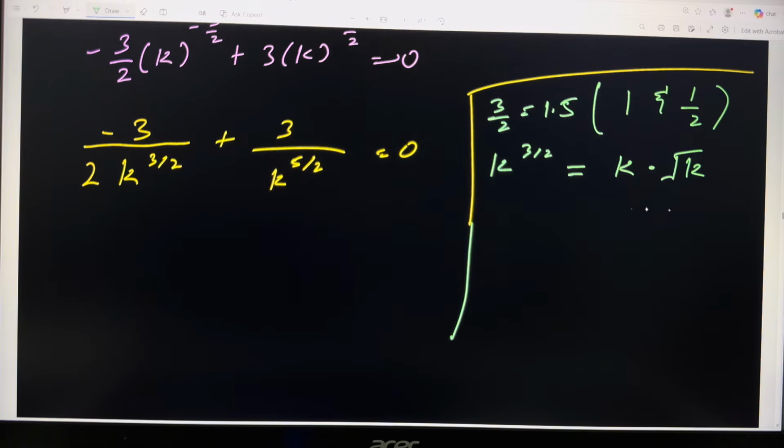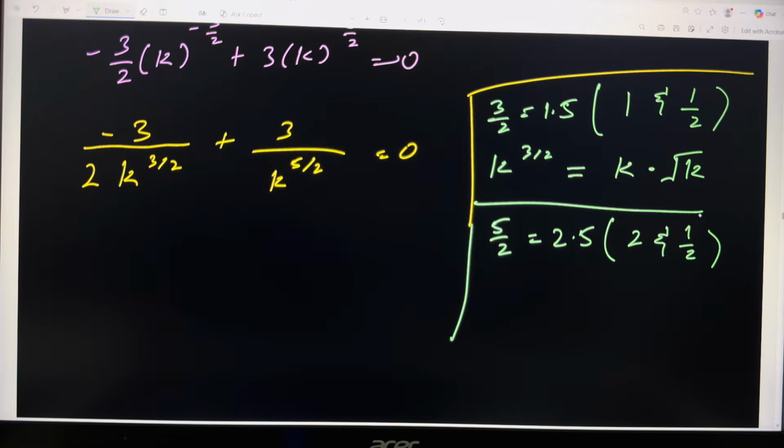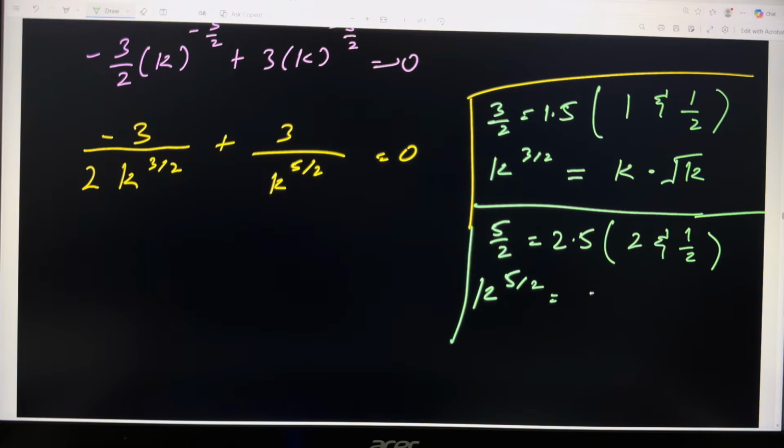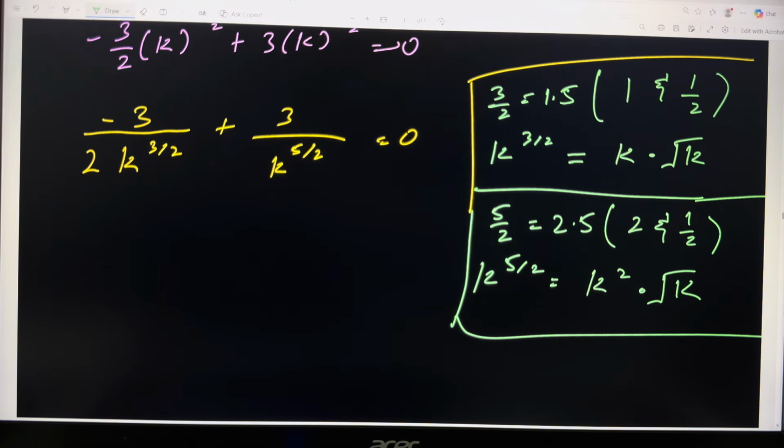And now we take 5 upon 2, which is 2.5, so that's just 2 and a half. So we can say that k^(5/2) is equal to k squared times root k. It's the same thing, okay? So if we do that, it will become easier. Then we can take the LCM and so on.